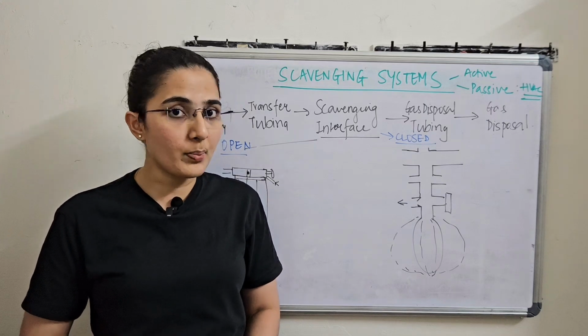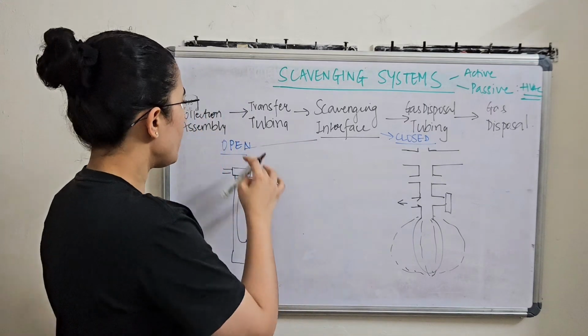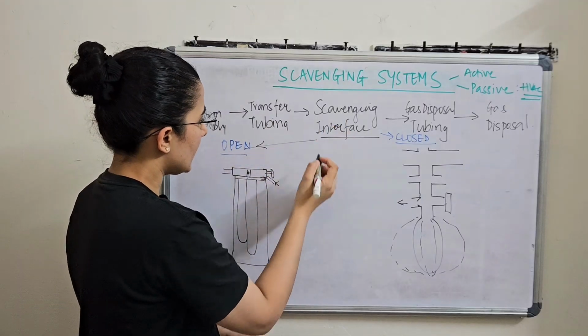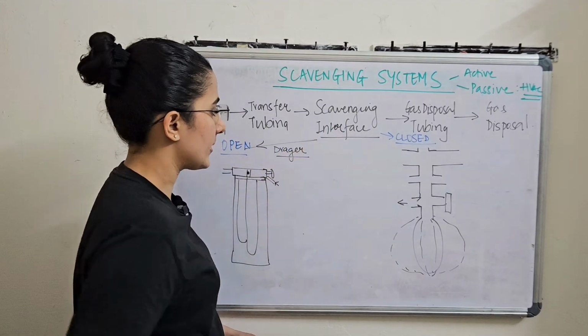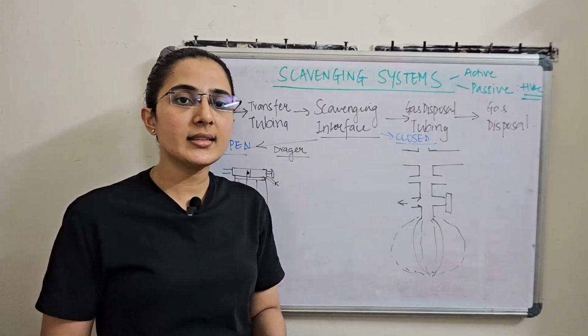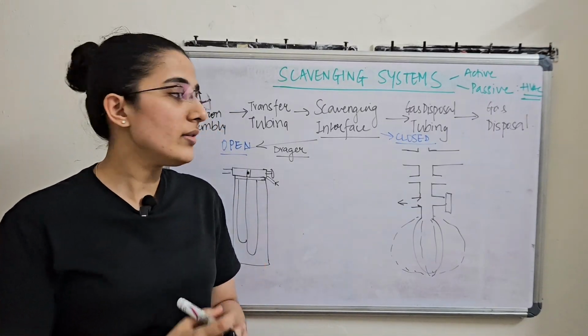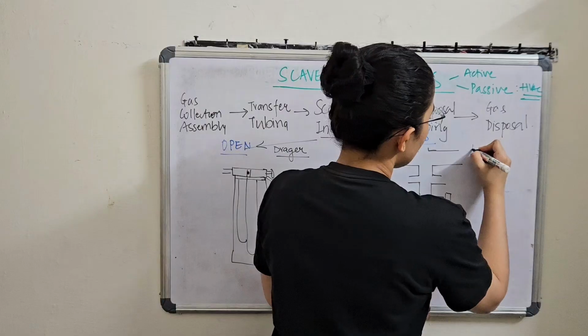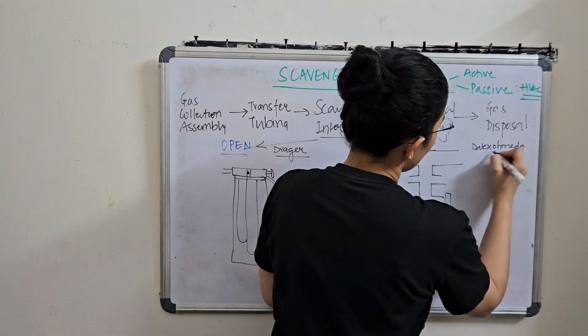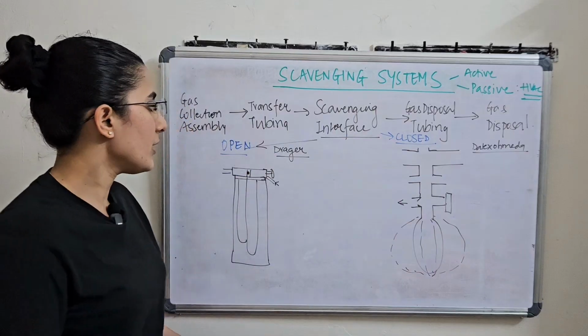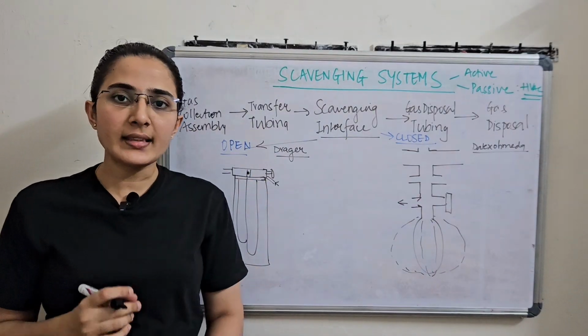This type of scavenging interface is seen in the Draeger machines, whereas a closed interface is one where there is no communication with the atmosphere. It is seen in Datex Ohmeda. Coming first to the open interface system.